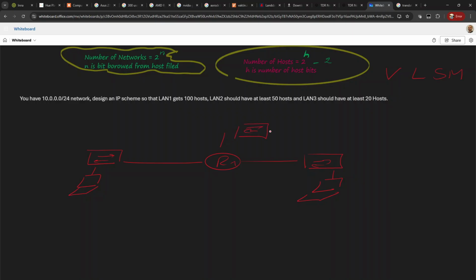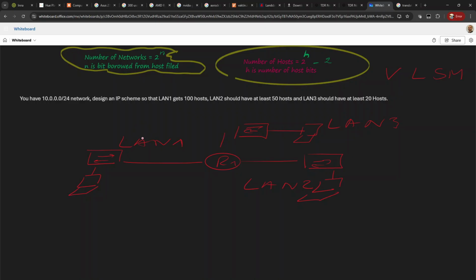So we have three router interfaces. This will be LAN 1, this will be LAN 2, and this is LAN 3. So we have three LANs.